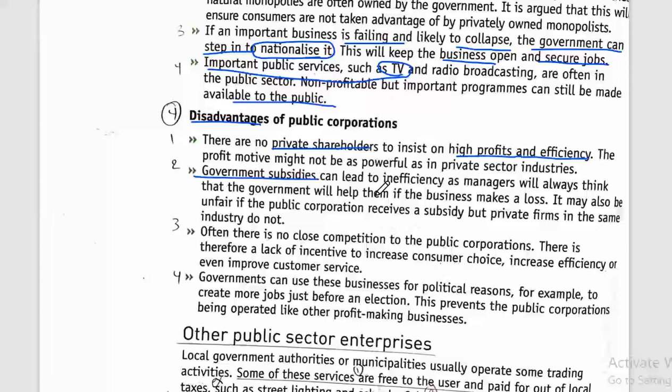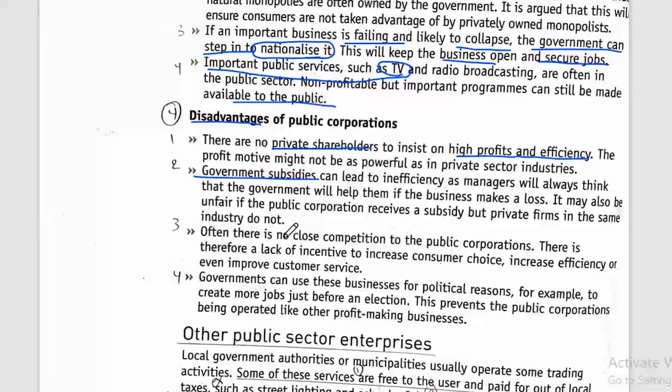It may also be unfair to the public corporation which receives a subsidy, when private firms in the same industry do not. So a lot of businesses depend on the idea that the government might help, maybe money-wise, maybe by nationalizing the business, so they will not be working in an efficient way.